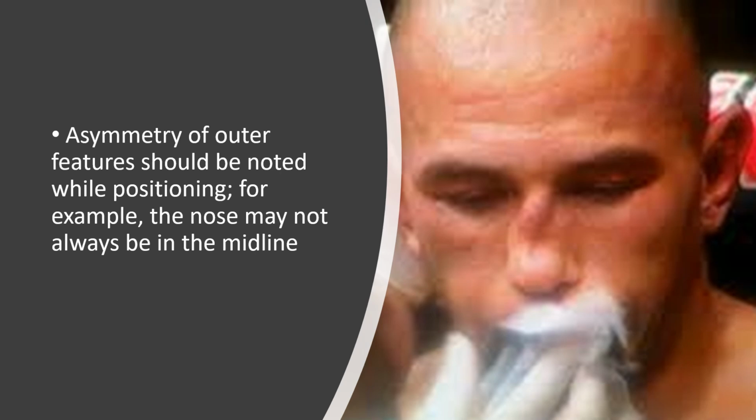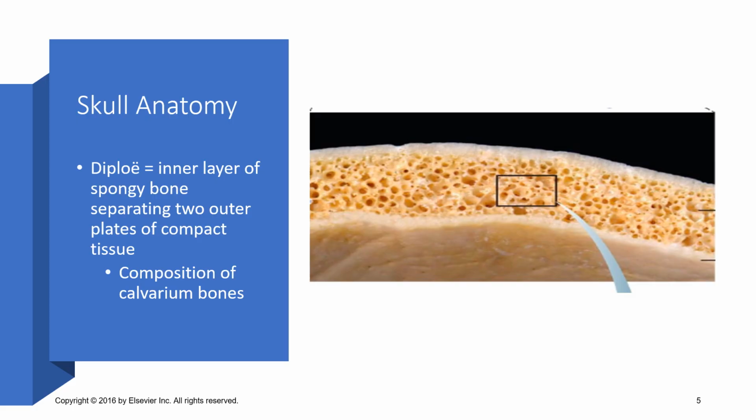The nose, when it breaks, usually deviates toward the patient's right and away from the patient's left, because again, it's usually a fist that deviates and breaks a nose, and therefore the fist typically comes from the puncher's right, and so the nose deviates to the patient's right. Okay. So just a remembrance that the nose may not always be at the mid-sagittal plane before we begin.